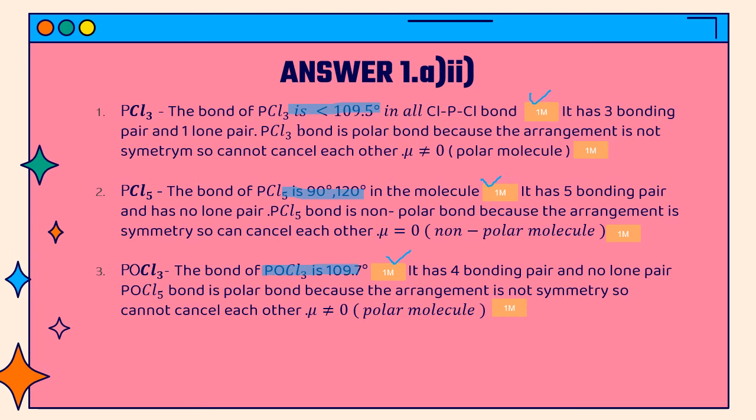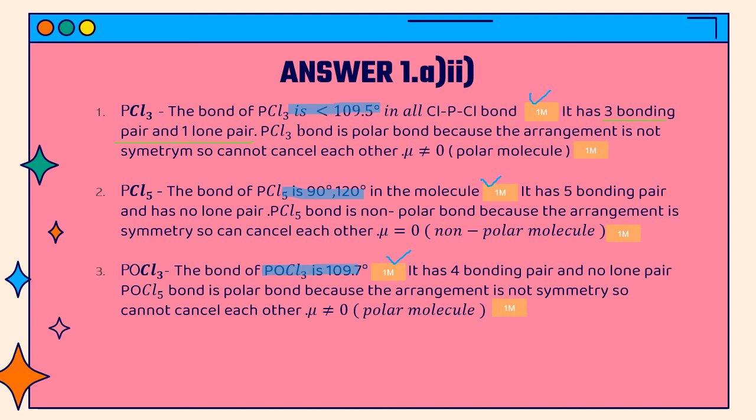Before we state the polarity, we need to explain first how we can know whether the molecule is polar or non-polar. Okay, first we need to know the bonding pairs and lone pairs. Okay, PCl3 has 3 bonding pairs and 1 lone pair.